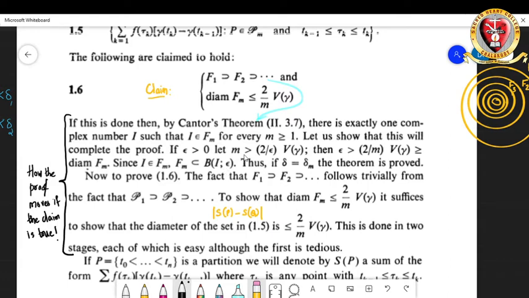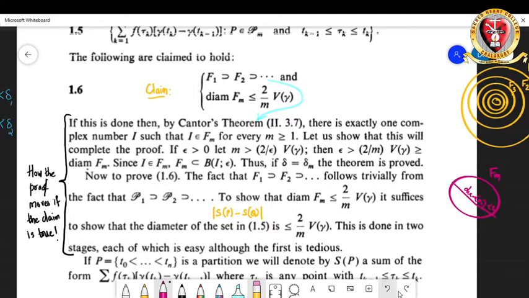Just for instance, see if this is Fm. What did we just say? We said that the diameter of Fm, the maximum possible distance between two points, if this is the diameter of Fm, will be strictly less than epsilon.